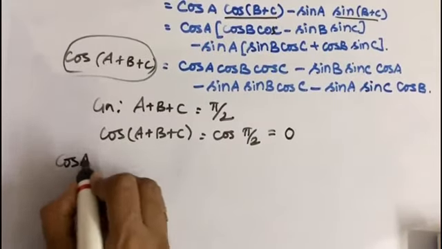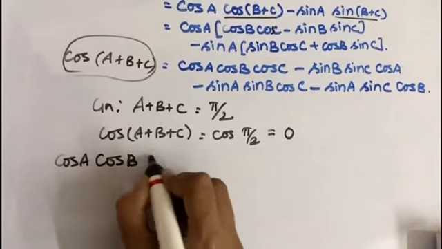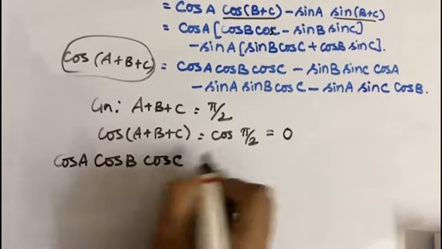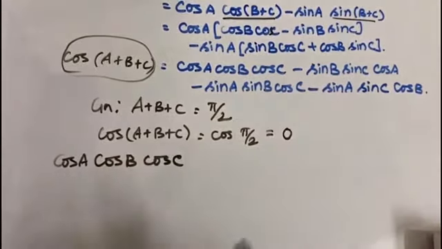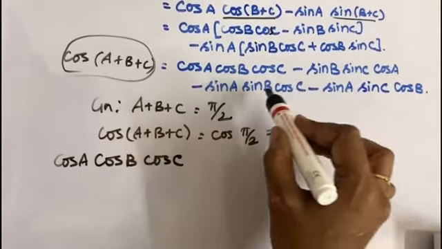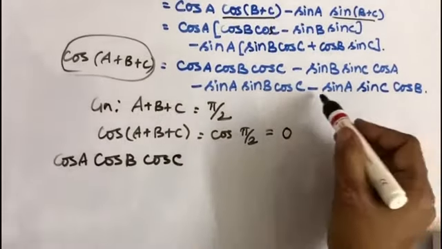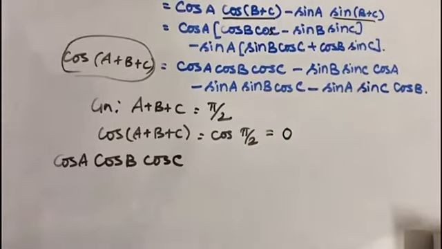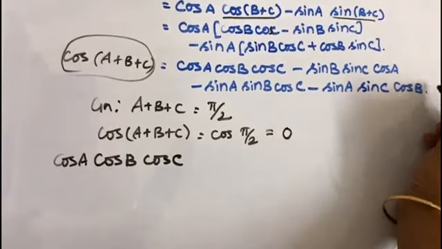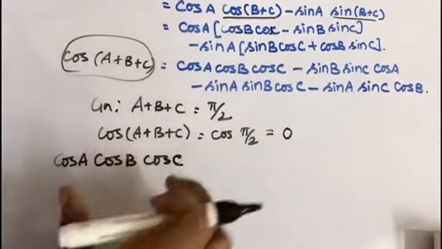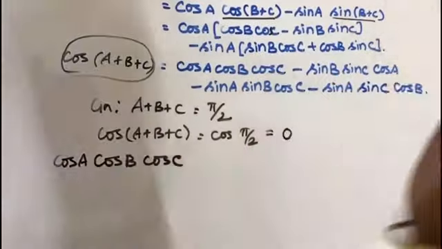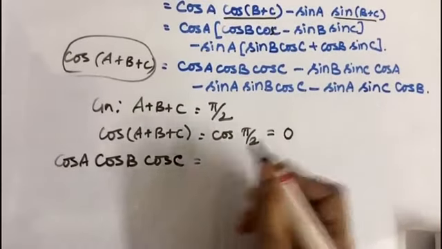So, cos A cos B cos C minus sin B sin C cos A minus sin A sin B cos C minus sin A sin C cos B is equal to 0. While equating this to 0, I keep this term on my left and all negative terms to the opposite side.